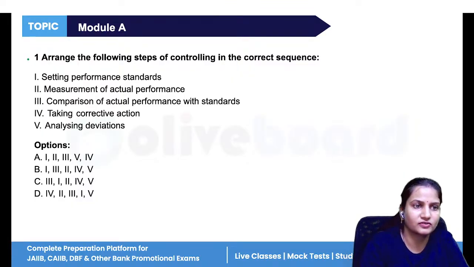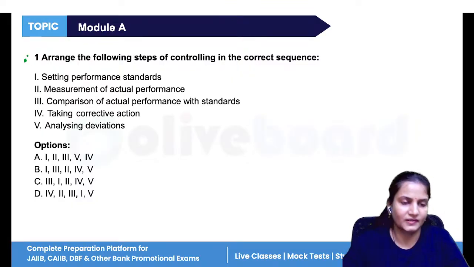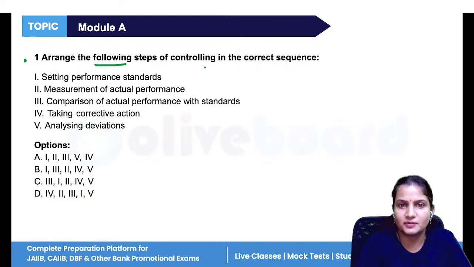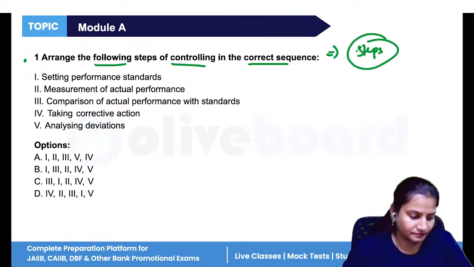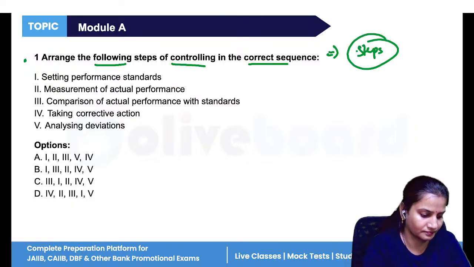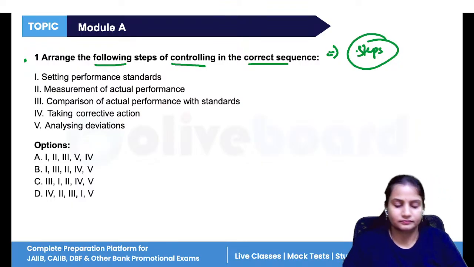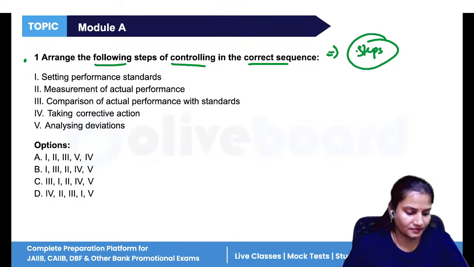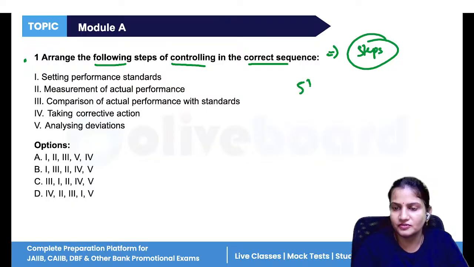Now, here is your first question. You have to arrange the following steps of controlling in the correct sequence. So what are the steps of controlling? See, controlling is the fifth function of management.